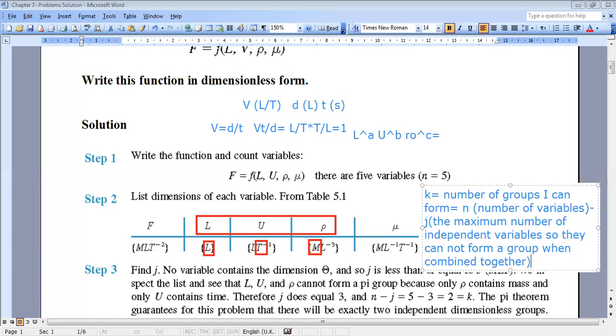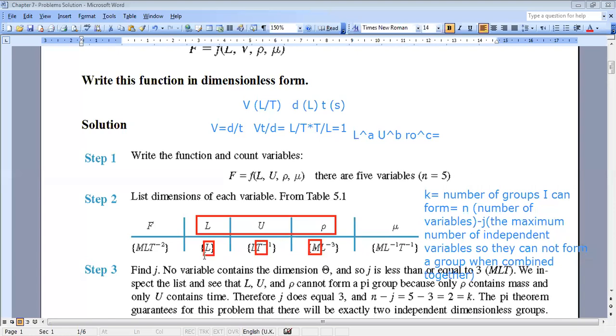So how can I choose this number? First, to have an idea about this number, I look at how many dimensions are involved in my variables. So I have 3 dimensions involved: L, T, and M. So at least I can say that J can be at most equal to 3. To get an approximation of J, I count the number of independent dimensions. What are the 3 dimensions I have?